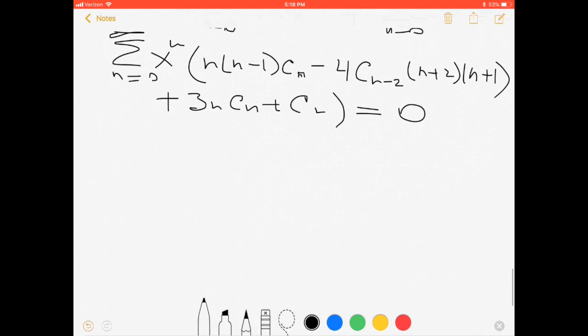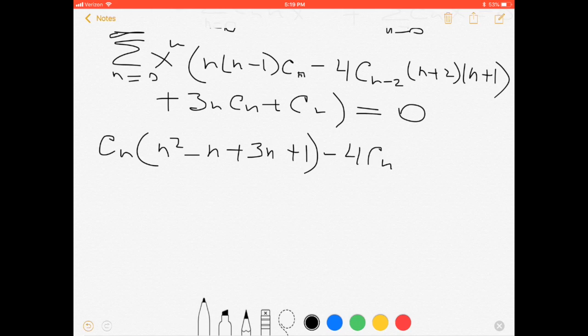What kind of equation do we have? If you distribute and simplify, we have Cn whose coefficient is n squared minus n plus 3n plus 1, and minus 4 Cn minus 2, n plus 2, n plus 1, equals 0.